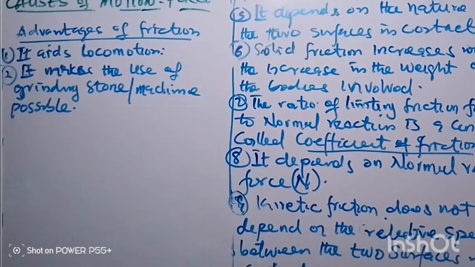It makes the use of grinding stone or grinding machine possible. Without friction, anything you want to grind on the surface of two solid stones will not be possible. Or if it's a grinding machine, it won't be possible. So it makes the use of grinding stone or grinding machine possible.